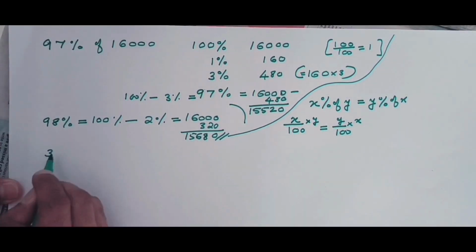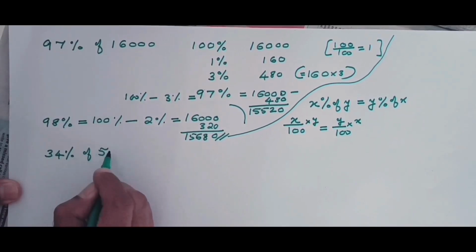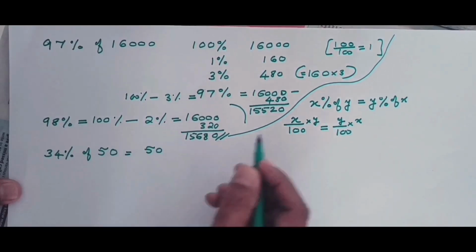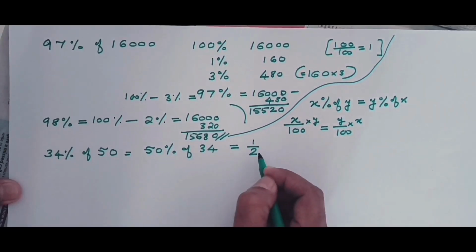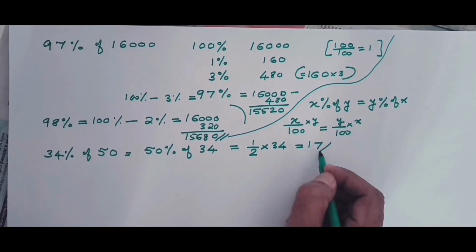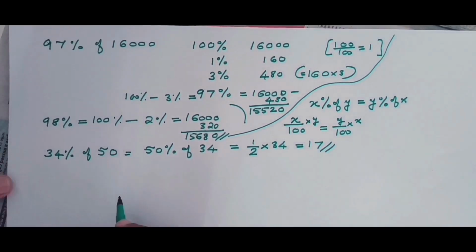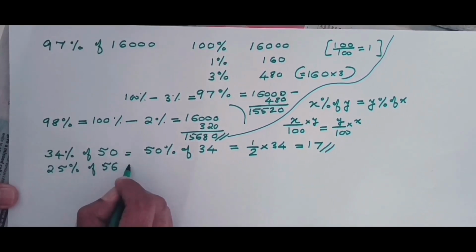For example, let's find out 34% of 50. This will be the same as, using that idea, 50% of 34. 50% is 1/2 multiplied by 34. This is 17. Can you see that? Okay. Now, let me do one more example. 25% of 56.